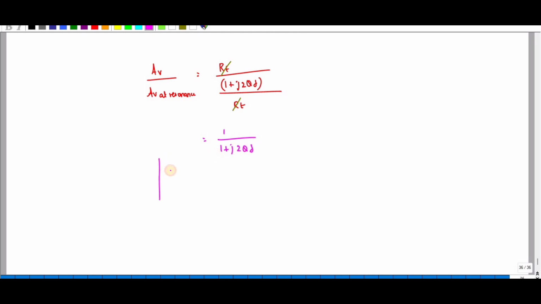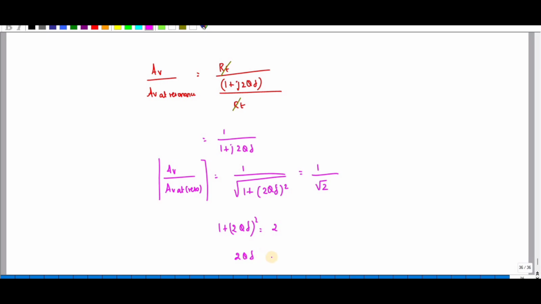So if I take the modulus, 1 divided by root of 1 plus 2Q del the whole square. So this value is nothing but 1 by root 2. So I can equate this 2Q del the whole square is equal to 2. So I can write 2 del Q is equal to 1.